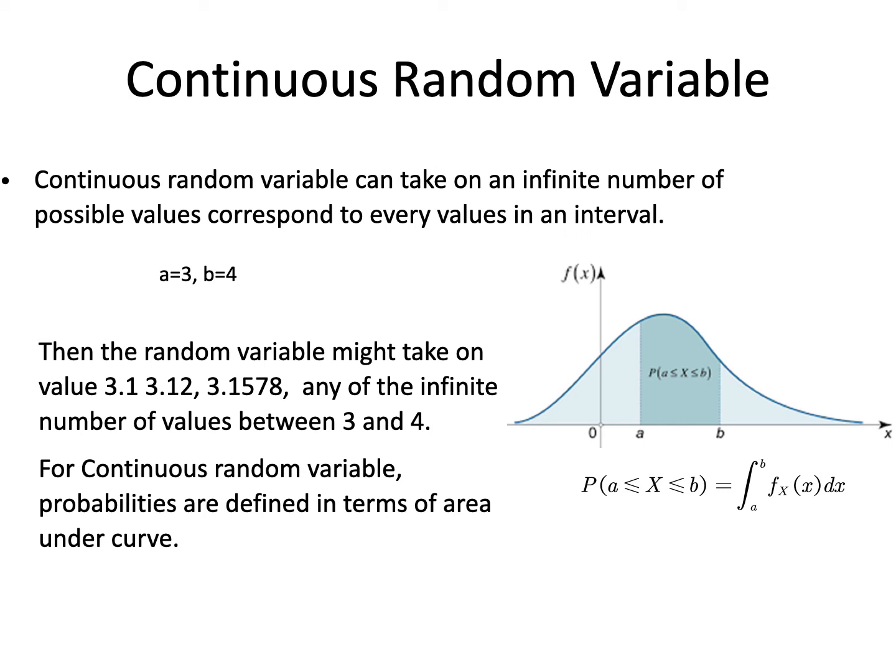Then the probability that x is in the set of outcomes A, written P(A), is defined to be the area above A. We can see here, suppose we have the set A that lies between a and b, and the probability will be the area above this line A and under this curve, which represents the function f(x).